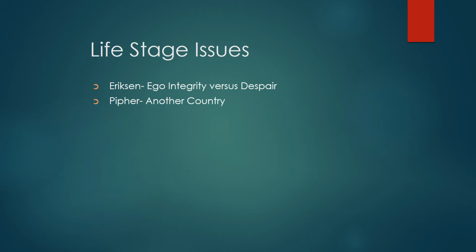So we've all seen that elderly person that's a successful ager, that's still functioning, that still has meaning to their life, but we also see a lot of people who are in a stage of despair where they really don't feel like there's a lot of meaning to their life, and they constantly talk about dying.